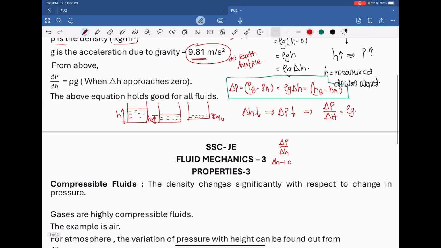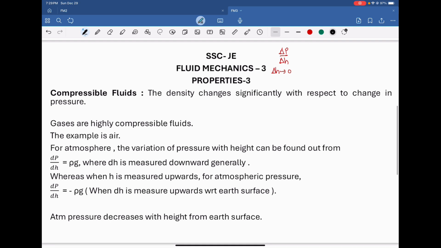That means as we are reducing the delta H from H to H by 2 to H by 4, and we make delta H tend to 0, when it tends to 0, this becomes a regular differentiation, dy by dH. Delta P by delta H is the difference. Dy by dH is a differentiation, where dy will be infinitesimally small.